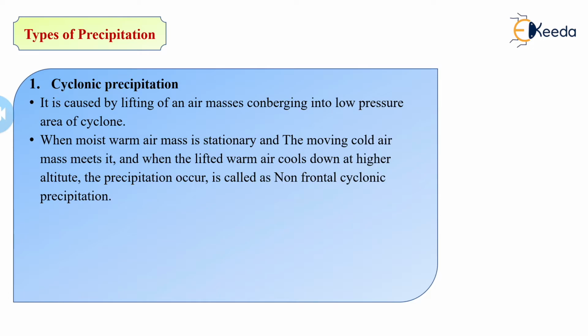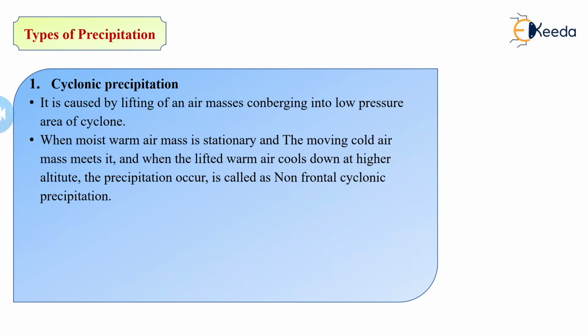When the warmer air mass is stationary and the colder air mass meets the warmer air, this warmer air is lifted and cools down at the higher altitude, and the precipitation that occurs is known as non-frontal cyclonic precipitation. In this process, the warmer air is stationary and the colder mass flows and meets the warmer air, and the precipitation that occurs is known as non-frontal cyclonic precipitation.